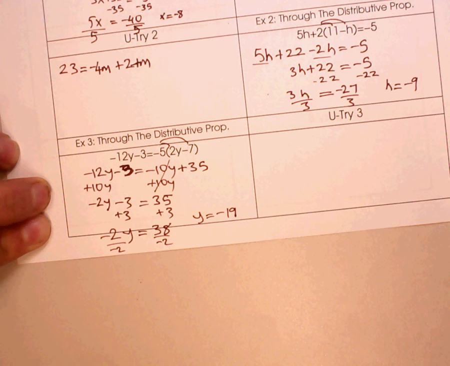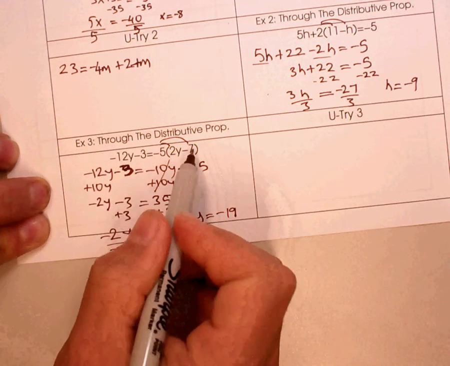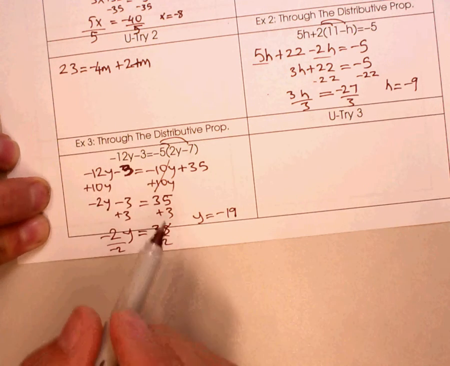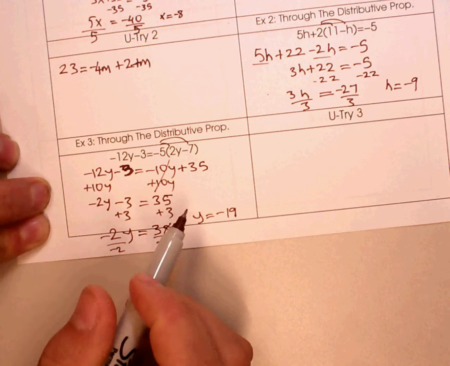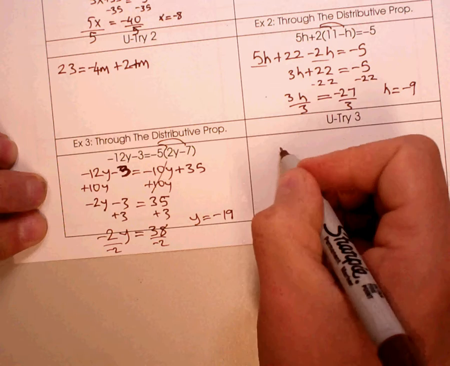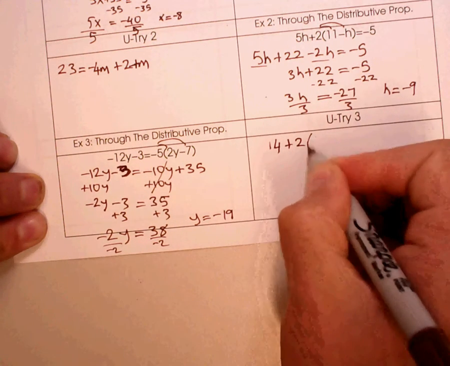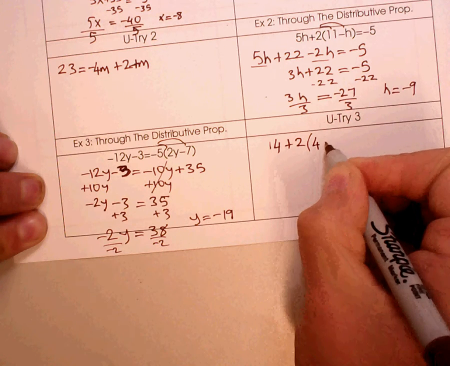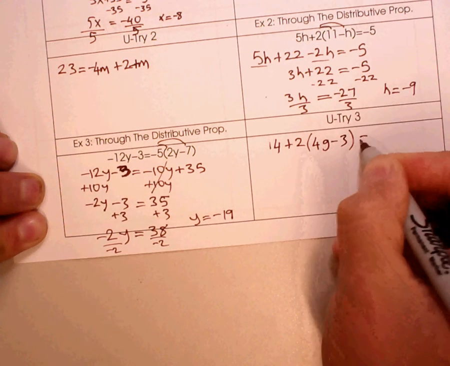Just like earlier, if you would like to check to see if the answer is correct, you can just substitute this value back into the original equation and do order of operations on both sides. Check to see if one side will be equal to the other. Here's your U-try, where you're going to use the distributive property. 14 plus 2 times, parenthesis, 4g minus 3 equals 40.